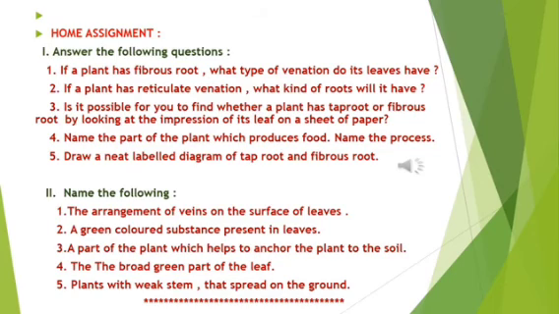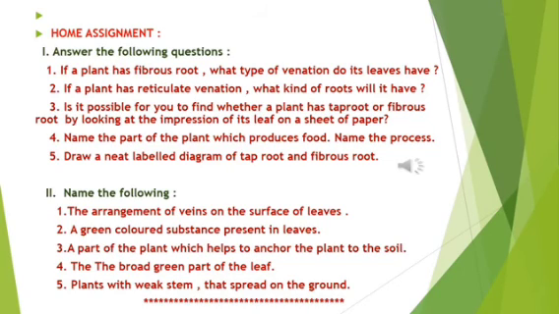Home assignment. First main, answer the following questions. First one, if a plant has fibrous root, what type of venation do its leaves have? Second question, if a plant has reticulate venation, what kind of roots will it have?